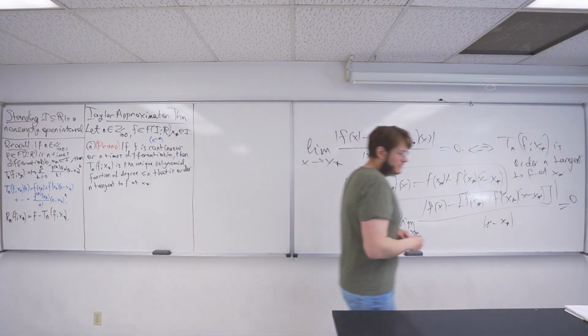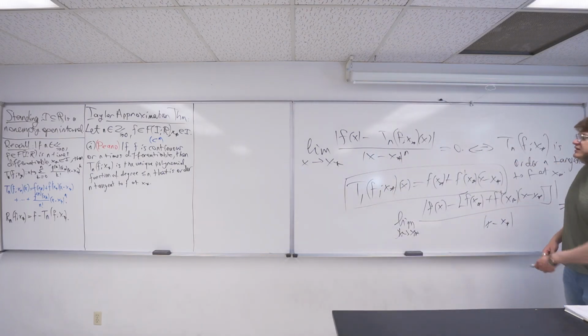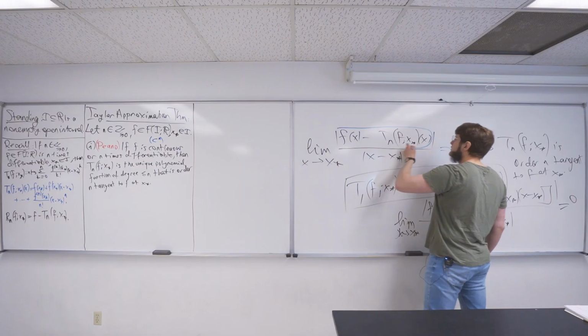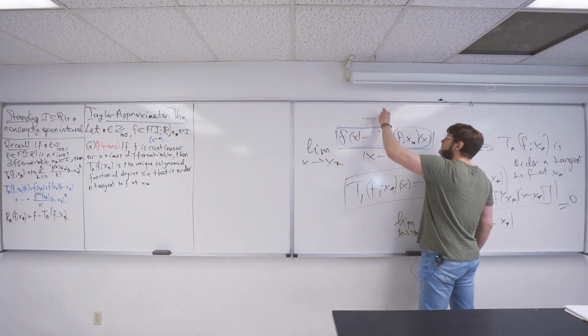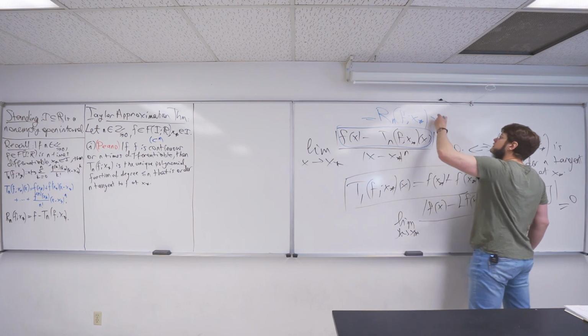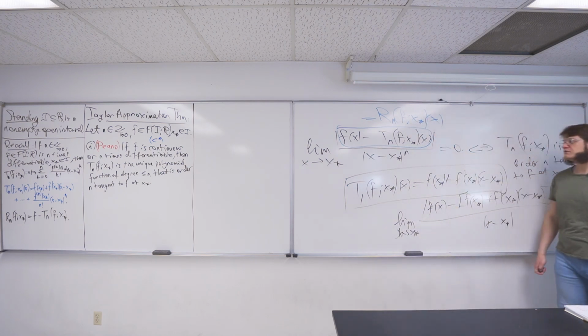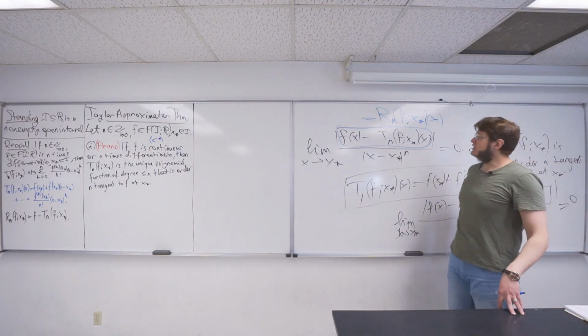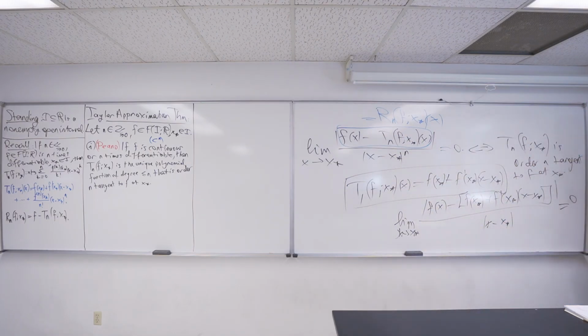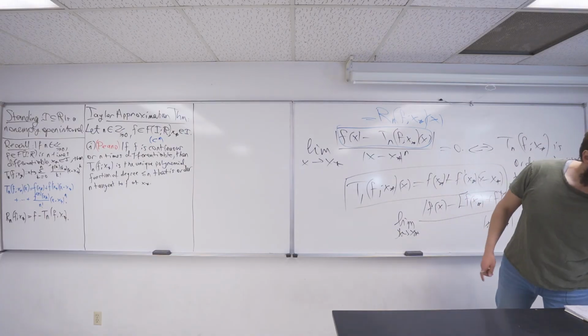And of course, at this point, what we can also say is that the numerator here, you see, is precisely the absolute value of the nth remainder at x. In other words, I can also say, as a consequence of this, that the nth remainder is little o of the distance between x and x star raised to the power n. I'll write that too.